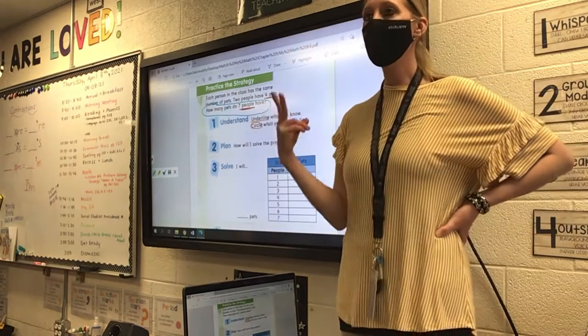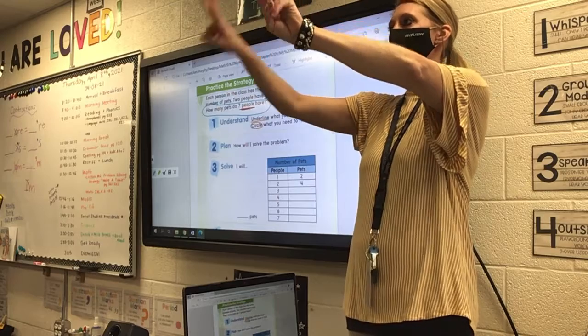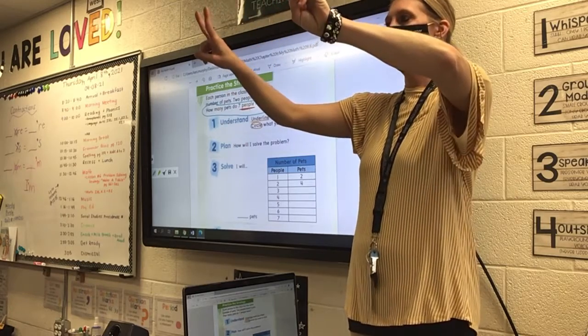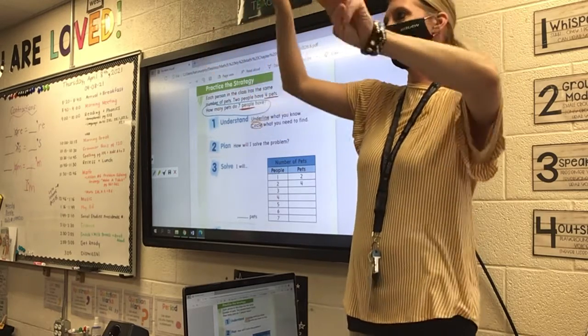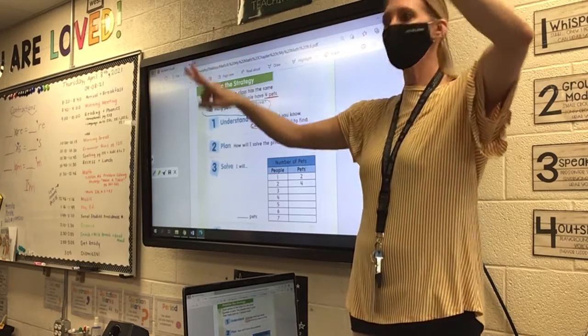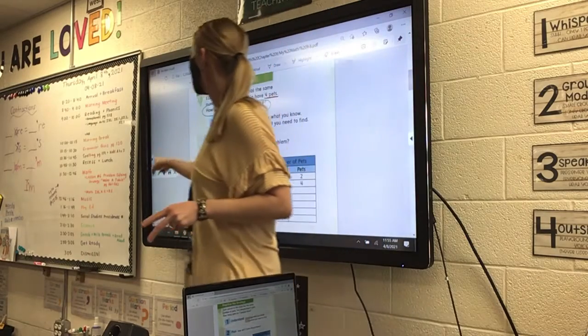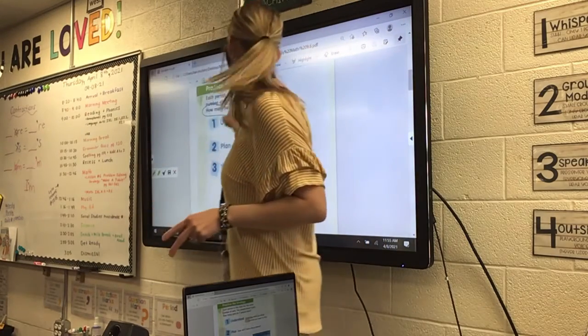Now, we need to figure out the pets. If 2 people have 4 pets, so here's 2 people. 2 plus 2 is 4. How much does each person have? 2. Everybody? 2. So, each person in the class has the same number. That is important too.